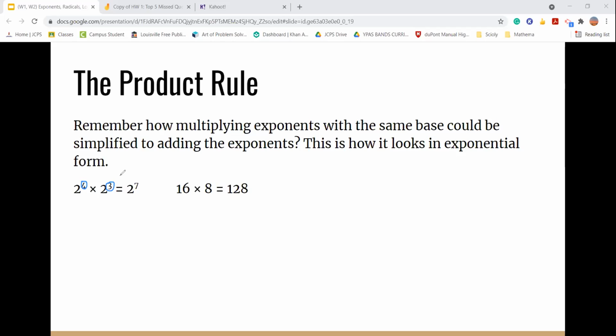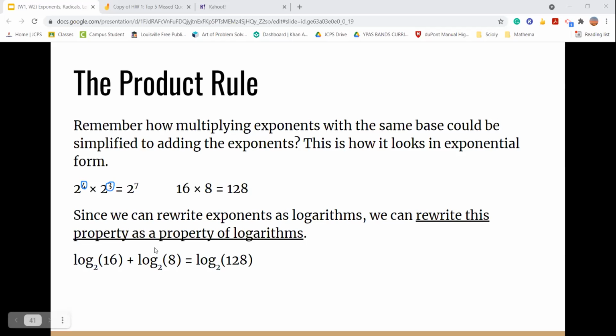Now I'm going to look at that with logarithms instead. Since we can rearrange exponents as logarithms, we can rewrite this property as a property of logarithms.